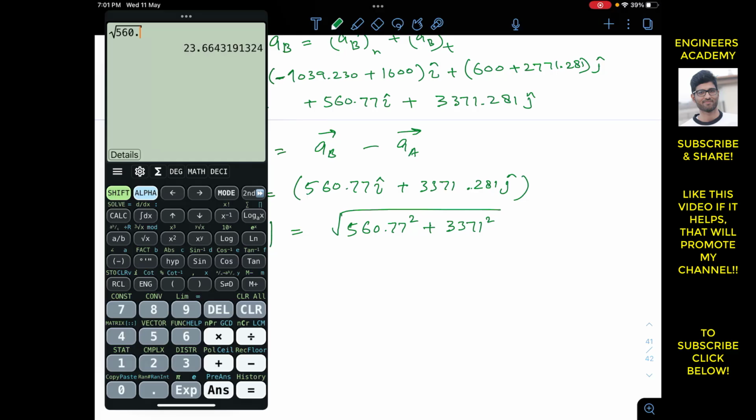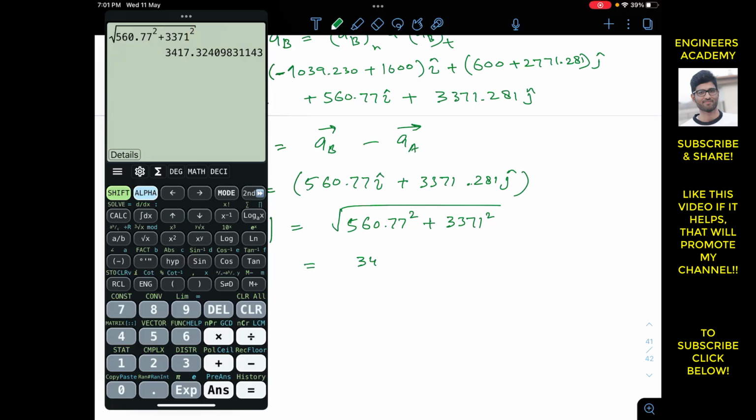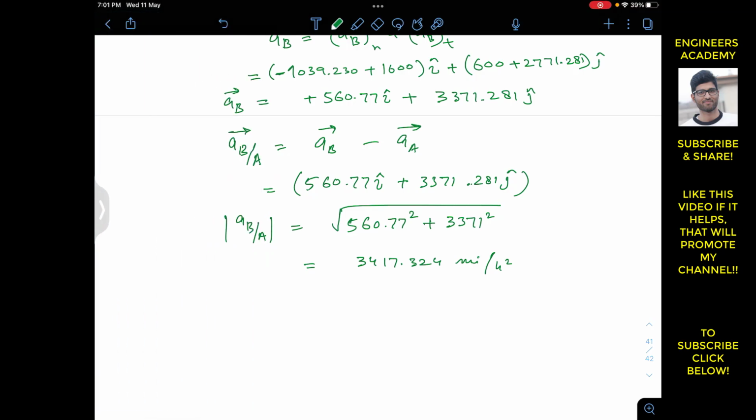This gives us 3417.324 mile per hour square. This is the magnitude of acceleration of B with respect to A, and we can find the direction of this. Since the x component is acting in the positive x and the y component is acting in the positive j, we can write the Cartesian vector.